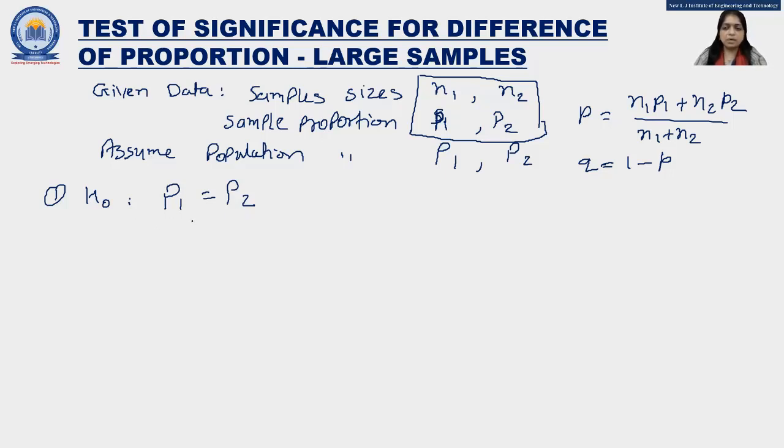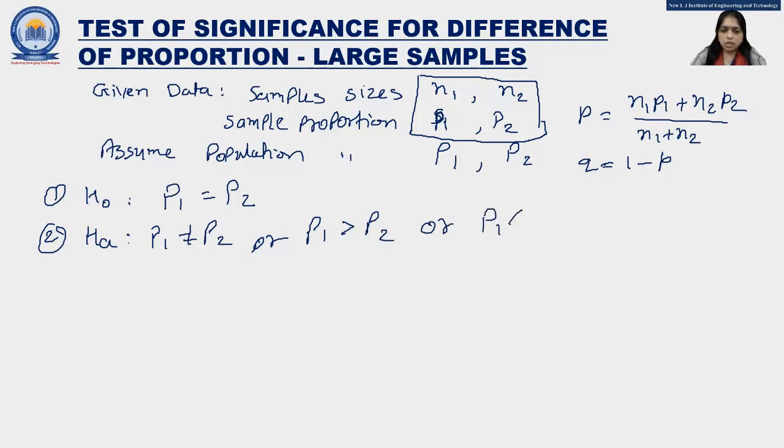We have to start our null hypothesis with P1 equal to P2. Alternative hypothesis HA. So there are three possibilities: either P1 not equal to P2, either P1 greater than P2, or P1 less than P2. So three possibilities are there.